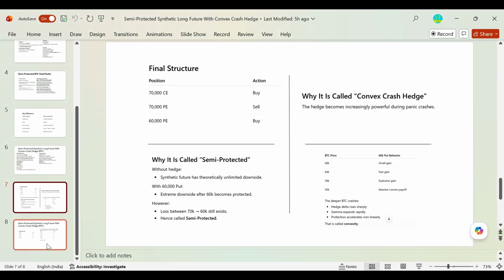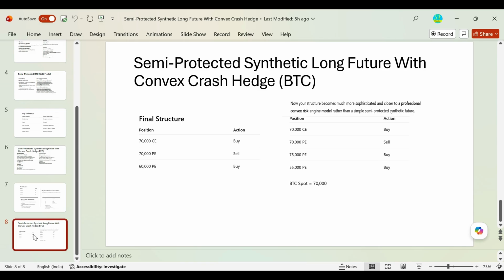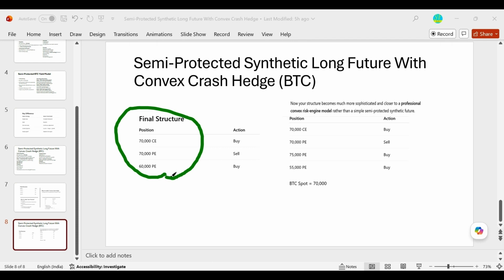So here, this is the final structure we got, the left part you are seeing, and this structure has a semi protection nature.